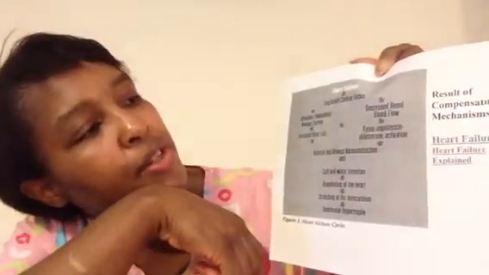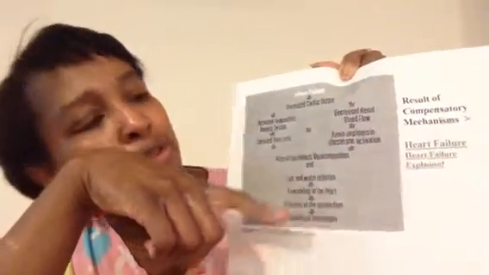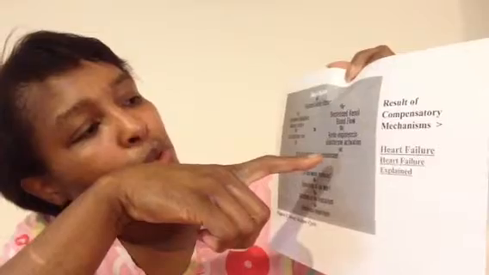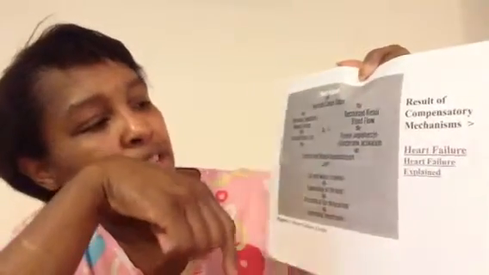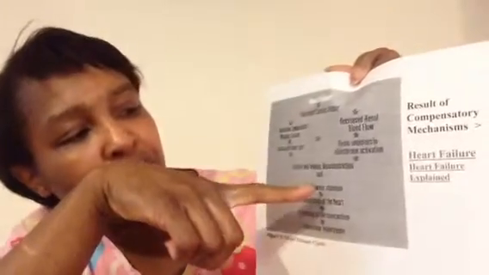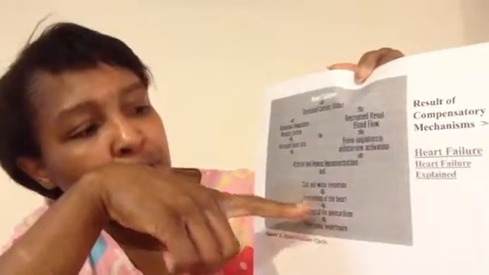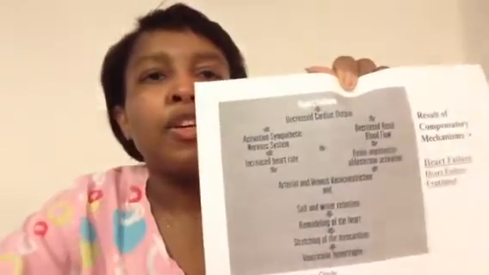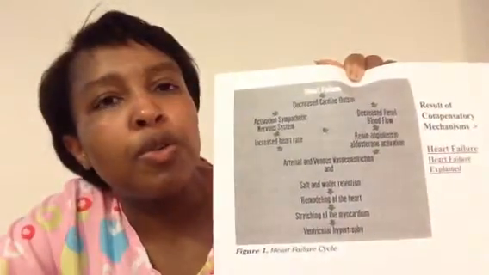Then the heart rate is increased. There's decreased blood flow to the renals. The renin-angiotensin-aldosterone system is activated, and arterial and venous vasoconstriction occur because of these things. And then also salt and water is retained, and the heart begins to remodel.